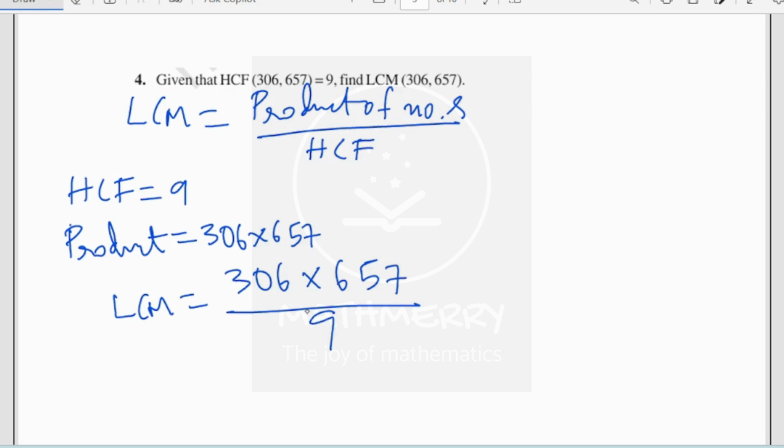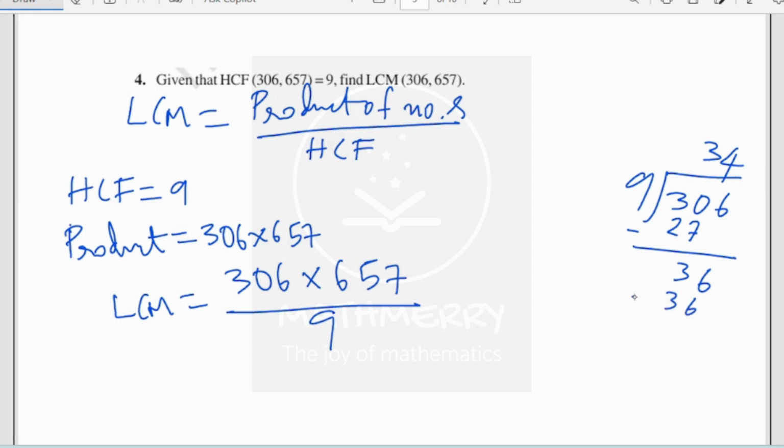So we can divide 306 by 9, and we get 34.